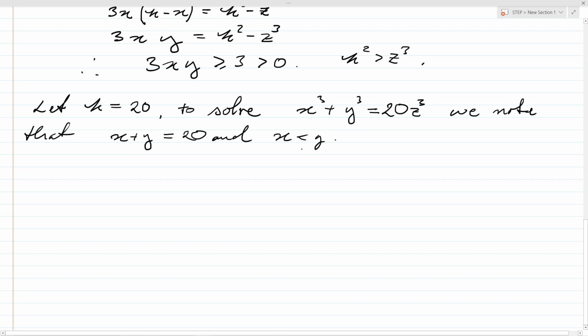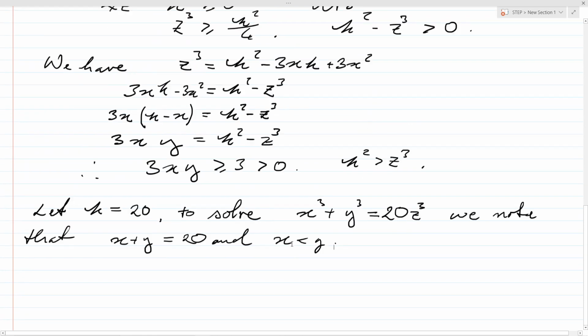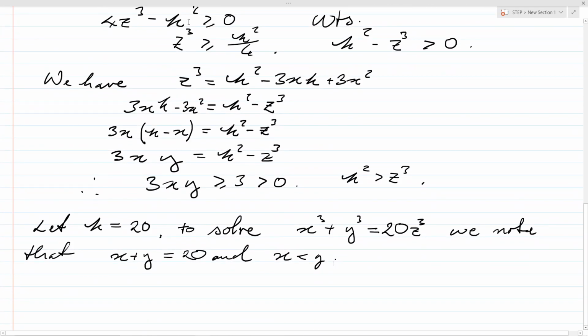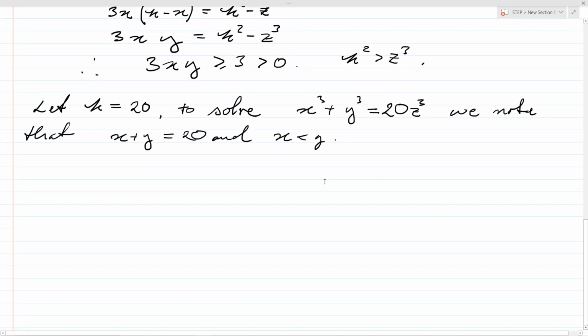So what do we have? From this expression here, z cubed is less than k squared, and z cubed is greater or equal to k squared over 4. So that's what we've shown. So let's write that down with k equal 20.